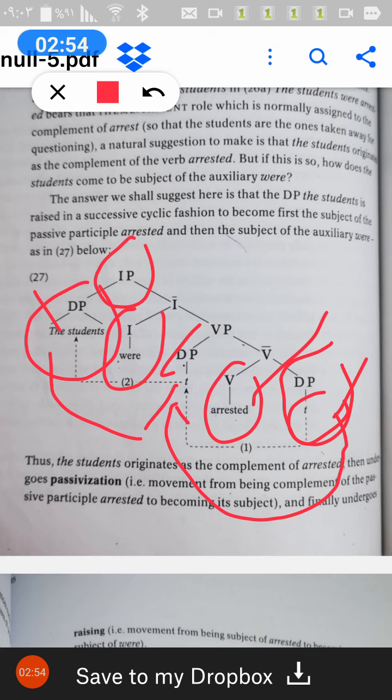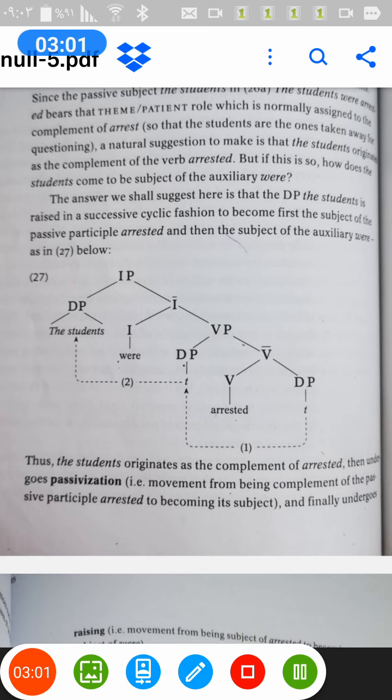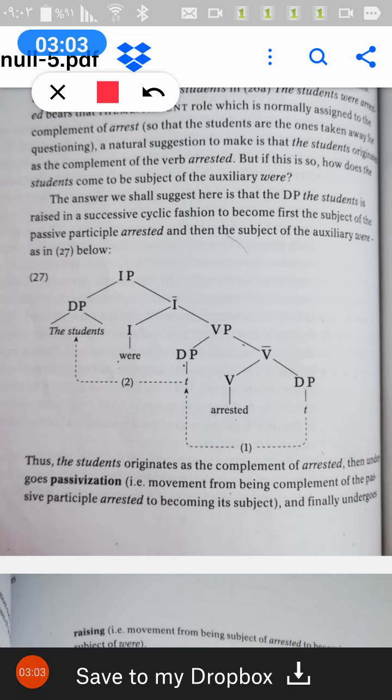So as we have seen from this simple example, in passivization, first of all, the subject of the passive sentence first functions as a complement of the passive participle, as if we have the students arrested the students, and then in the first movement it is moved to function as the subject of the verb phrase.